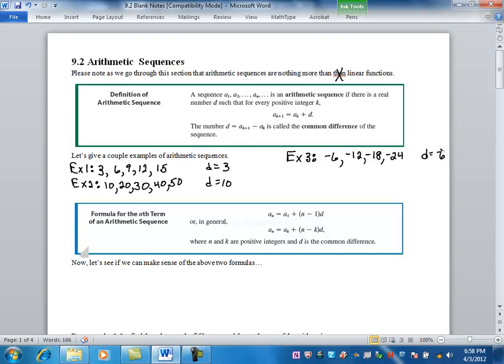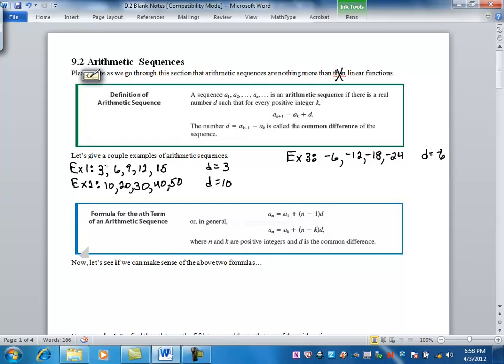A couple of formulas that you will need to know for the test. The nth term of an arithmetic sequence is the first term plus the number of the term minus 1 times the difference. Let's think about this a minute. Look at example 1: I'm at the first term and I know my common difference is 3.